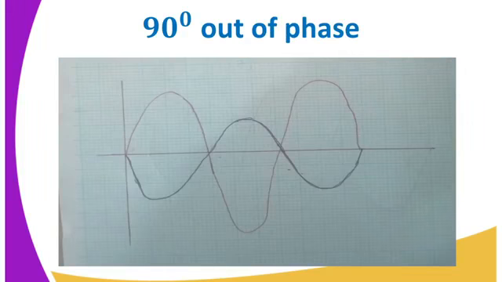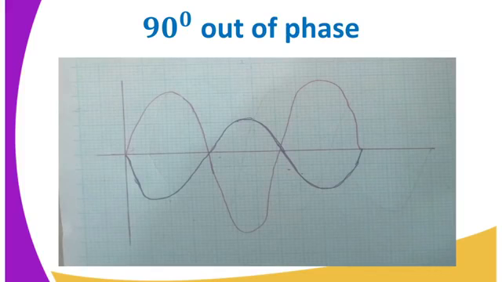As we move along, we have looked at waves which are 90 degrees in phase. Now I want us to look at a wave which is 90 degrees out of phase. Our original wave is in red, and we draw another wave in blue which is 90 degrees out of phase.